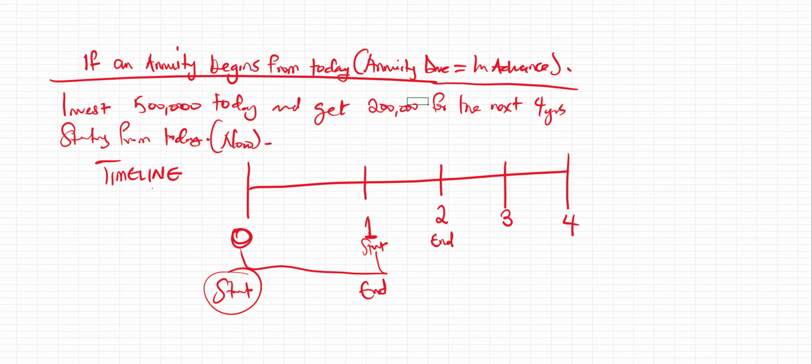This also becomes the start of year 3 and the end of year 3. It becomes the start of year 4 and the end of year 4. So year 0 and year 1 are the same year, just that year 0 is the start of year 1.